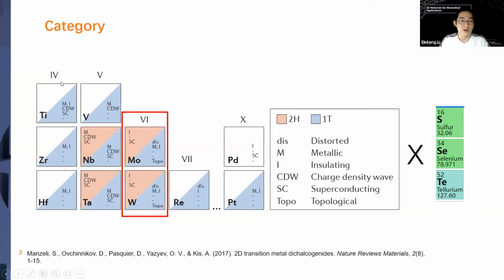Among all these choices of transition metal, the group 6 transition metal TMD is of particular interest, and is the most famous and most studied because, first of all, they are stable, and second of all, they have tunable electronic and optical properties that we will talk about later. The group 6 materials will also be the focus of this talk.